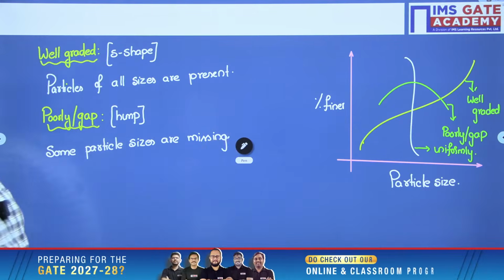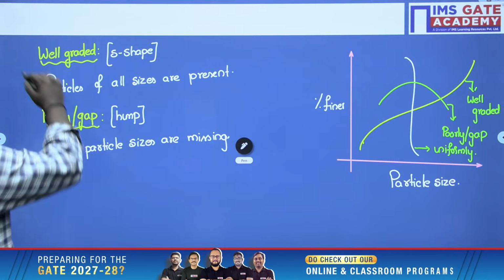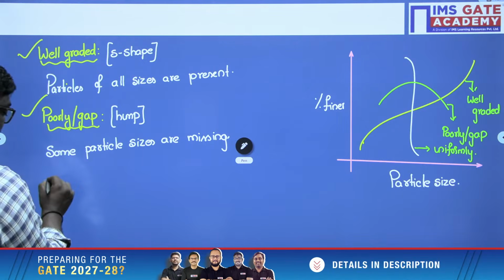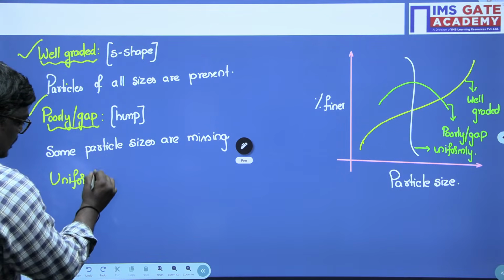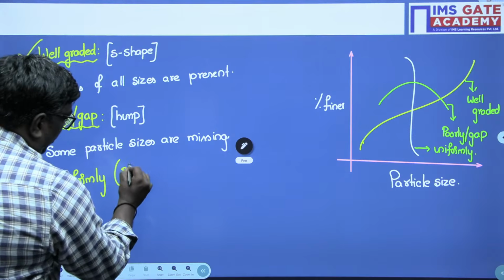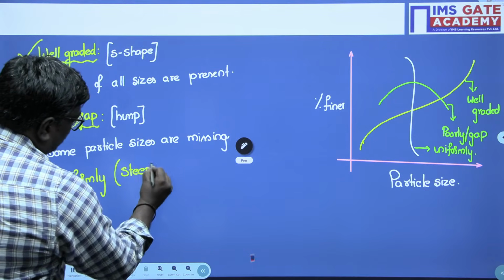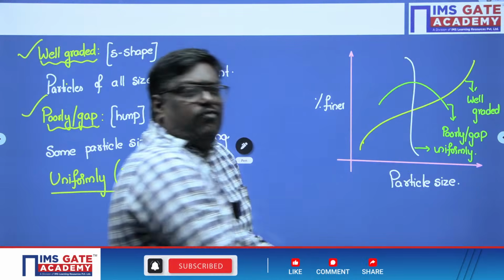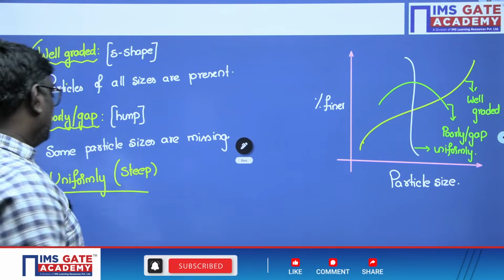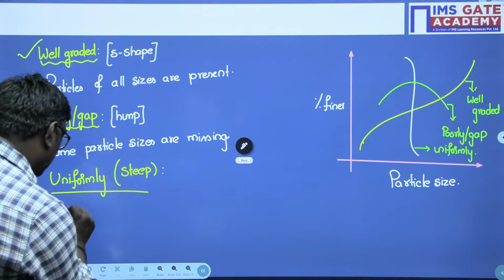So the next one we have, after well graded and poorly graded, is uniformly graded. Usually it will be in the form of a steep slope. Here, if you see, all the particles are of the same size. So what is uniformly graded, sir?